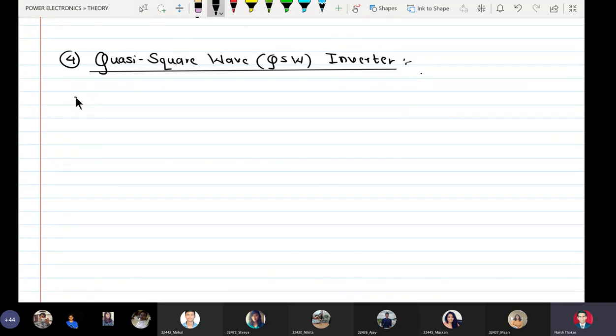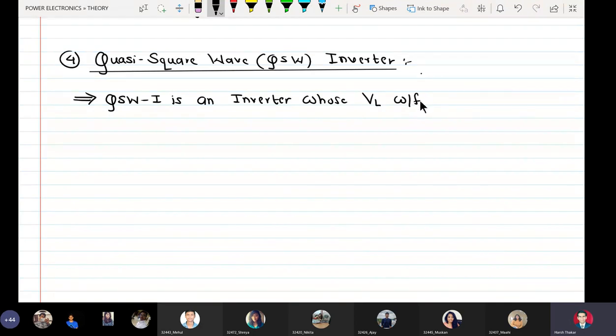Okay, so the first definition is this: what is a Cauchy square wave inverter? A Cauchy square wave inverter is an inverter whose VL waveform is mathematically a Cauchy square wave.